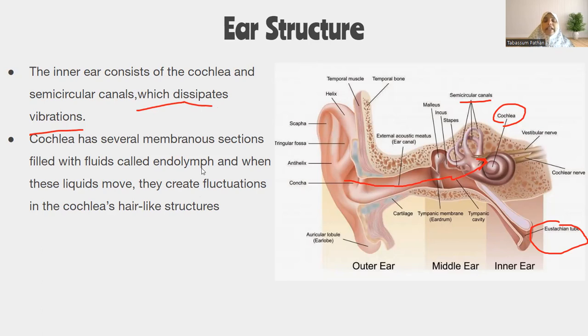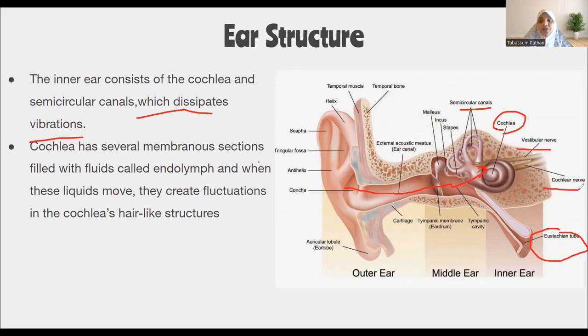So when the sound waves are traveling, these vibrations will cause the fluid to move. And as the fluid is moving, the hair-like structures in this cochlea will produce a sound signal, which will then be transmitted to the nerves that you see over here, the vestibular nerve and the cochlear nerve.